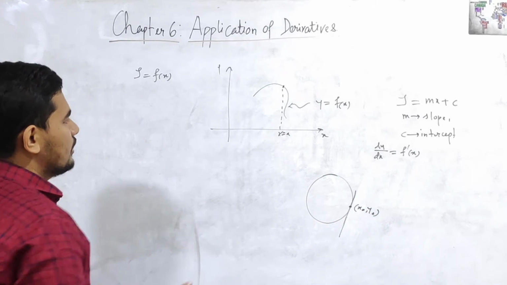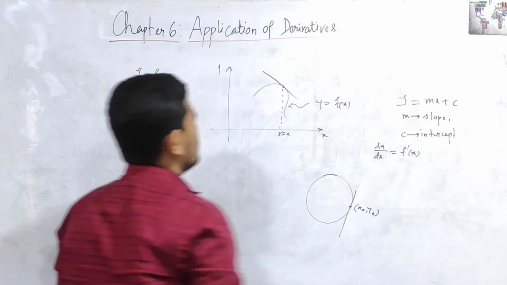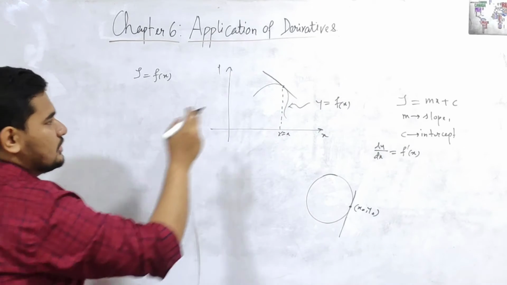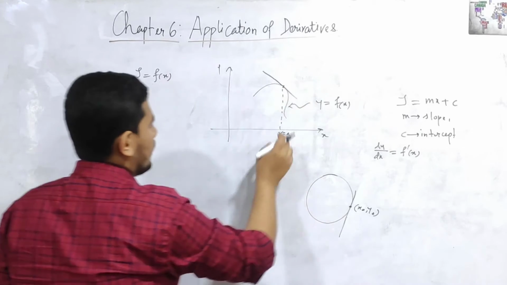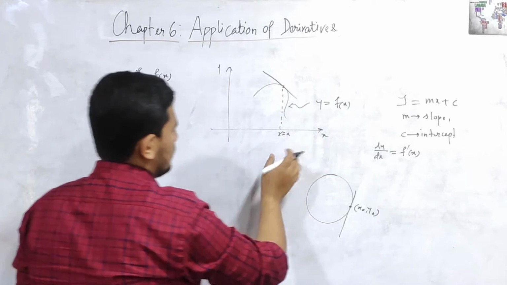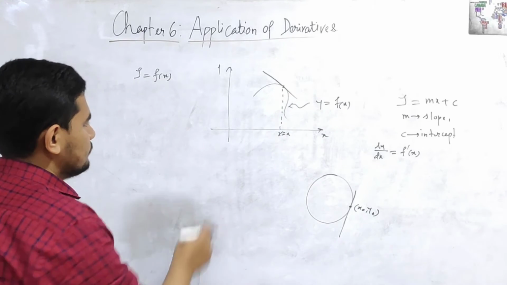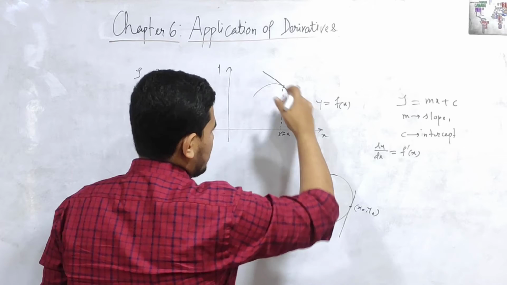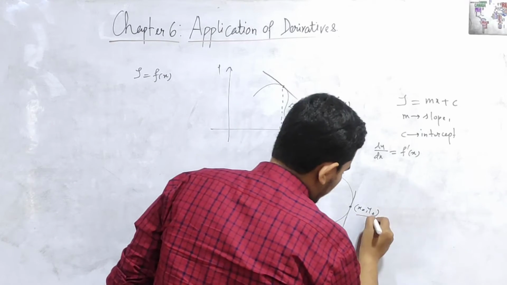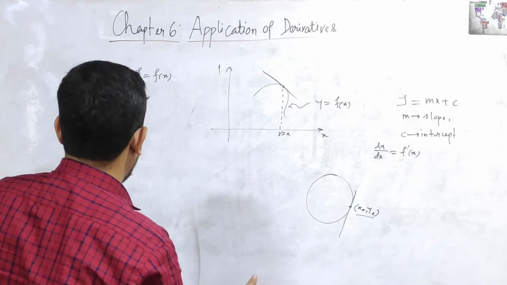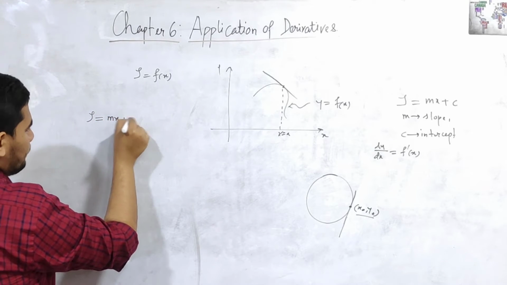Similarly, you can draw the tangent here also like this. You just need to touch the tangent at the one point of the curve at which you are being asked to find the equation of tangent. Now, as we have already drawn the tangent and we are given the point x naught, y naught, all you need to write is y equal to mx plus c.